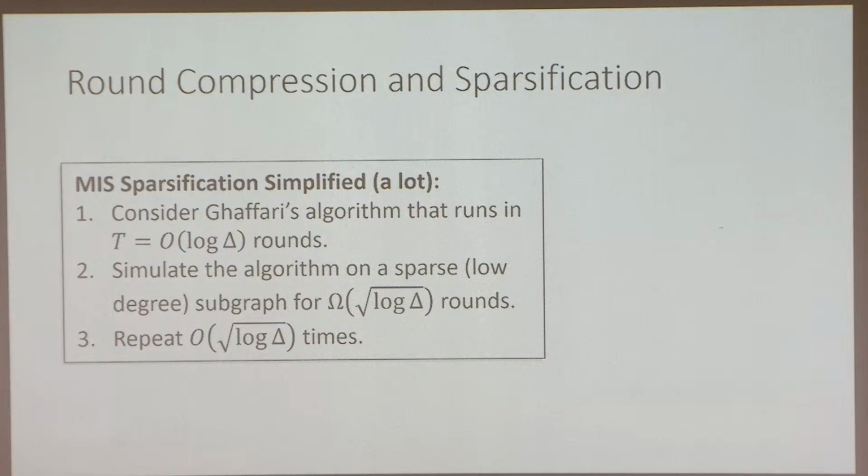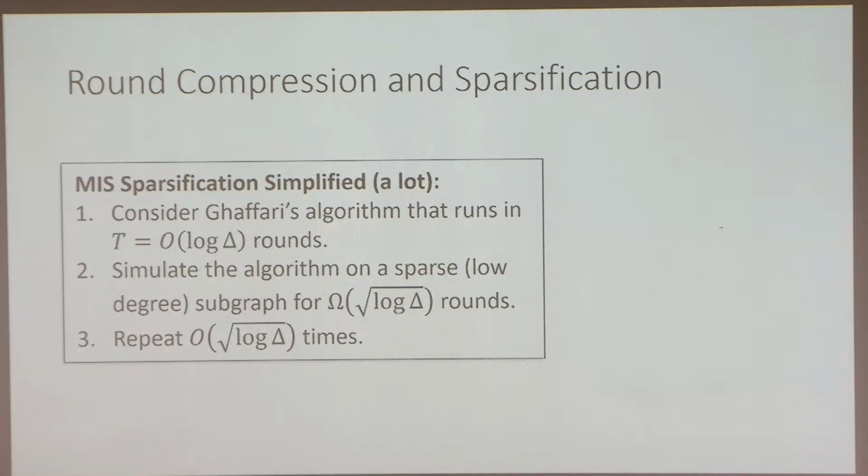And what we do in MPC is that we show that the local algorithm, you can think of taking a snapshot of what currently is happening in the algorithm. And then for root of log delta rounds, we can ignore all high degree nodes.